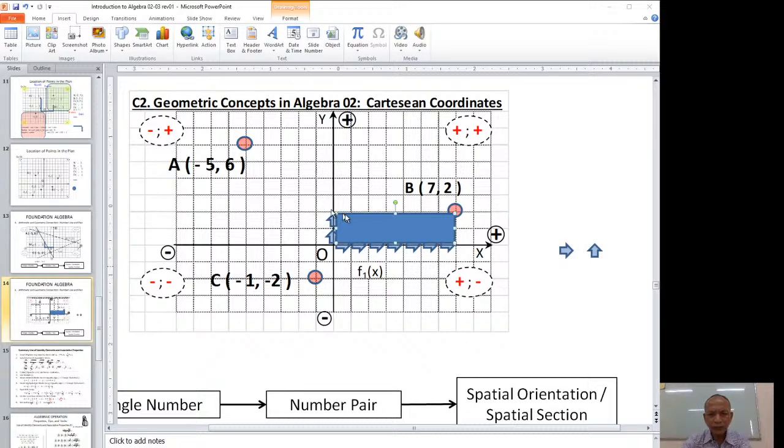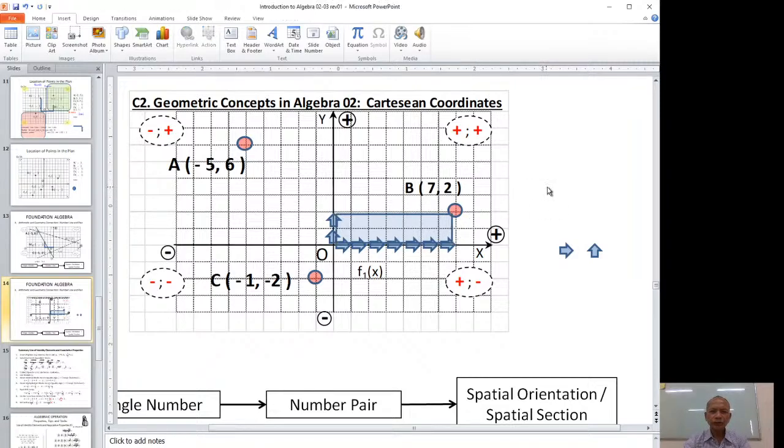Okay, so for B we have 7 step to the right, 2 step up, 2 step up, so plus plus plus.